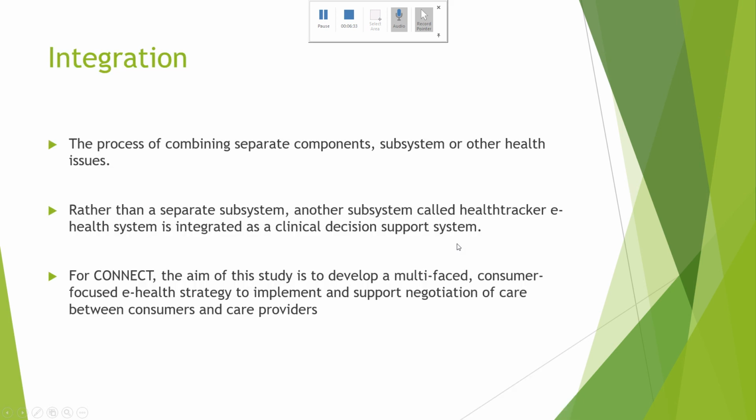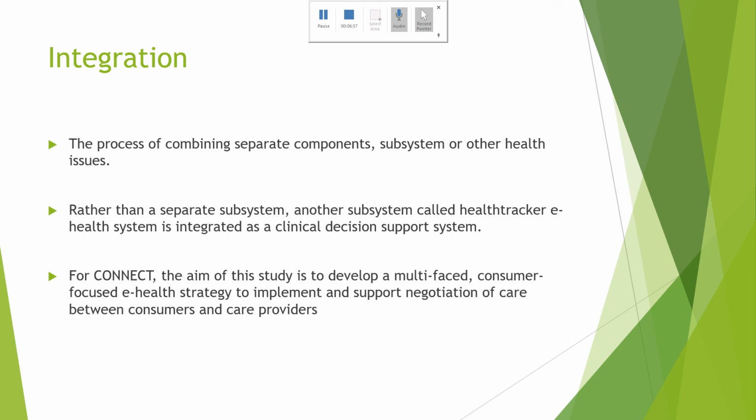So, about the integration period. Rather than a separate subsystem, Connect is already integrated with another subsystem called the Health Tracker eHealth system, which functions as a clinical decision support system.